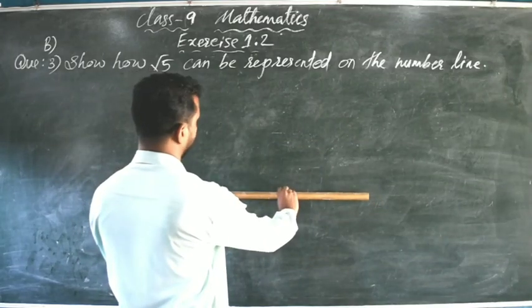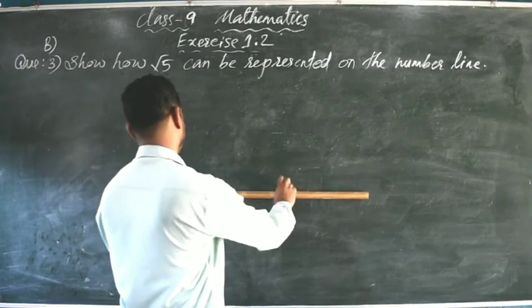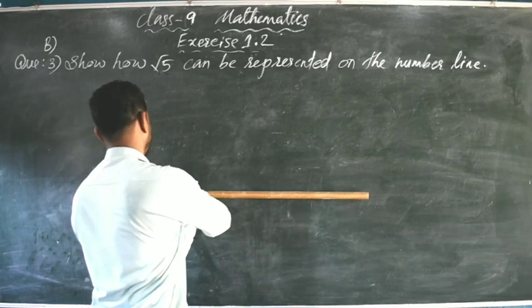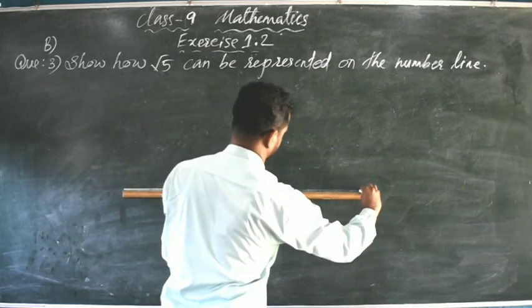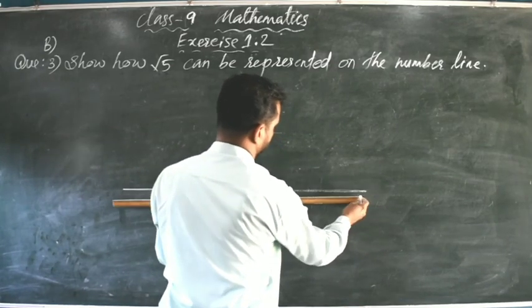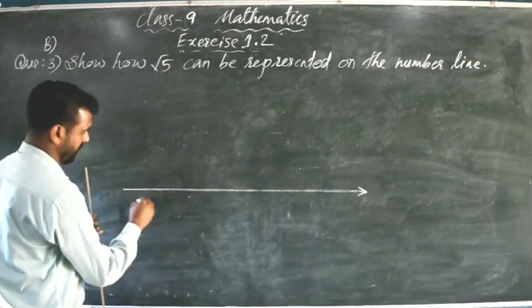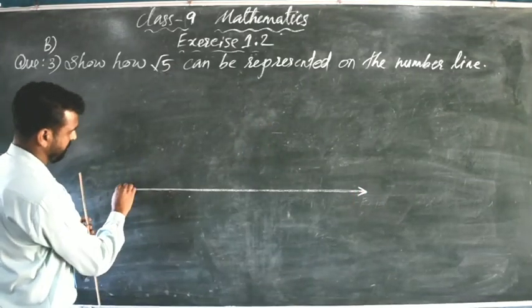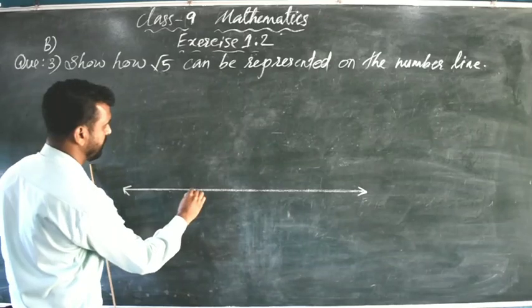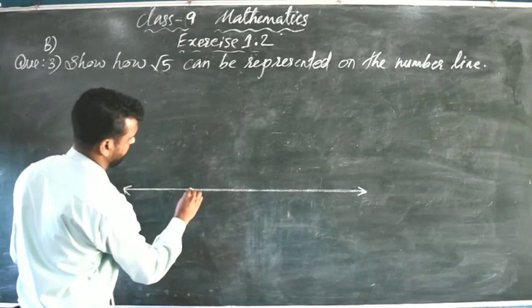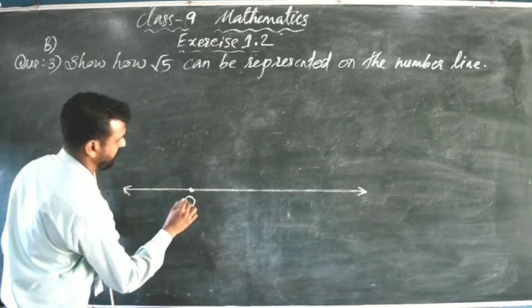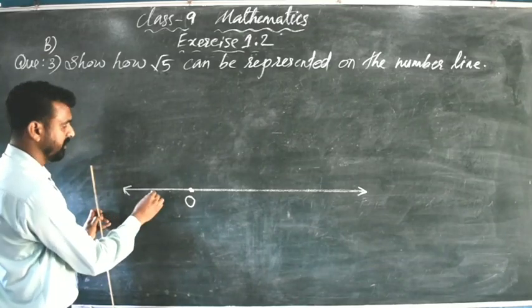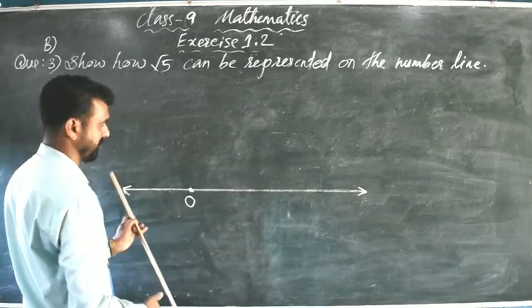So first you have to draw a number line. Give arrow marks on both sides. Then mark a point here, 0. On the left side will come negative numbers, on the right side positive numbers.